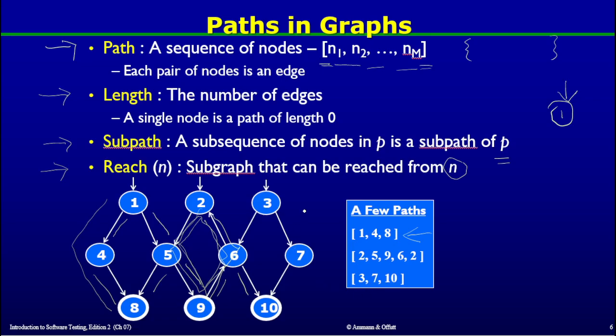And 3, 7, 10 is also a sequence of nodes that constitutes a path on this graph. If we want to find the lengths of these paths, then 1, 4 and 4, 8 means this path has length 2. 2, 5, 5, 9, 9, 6 and 6, 2 is a path of length 4. And in the same way, 3, 7, 10 has two edges, 3 to 7 and 7 to 10, so this path also has length 2.